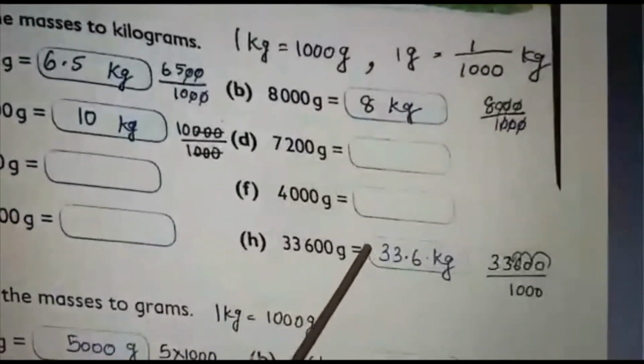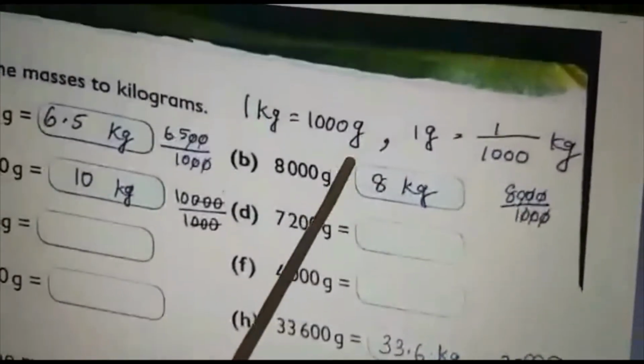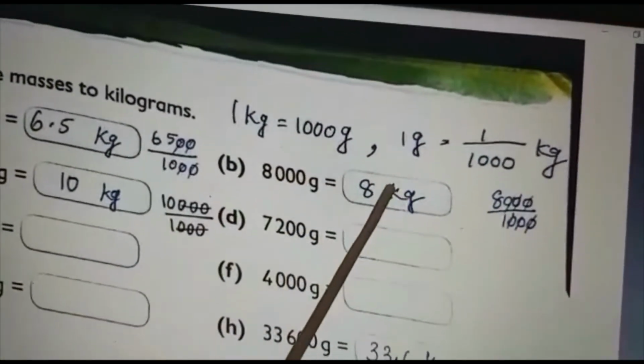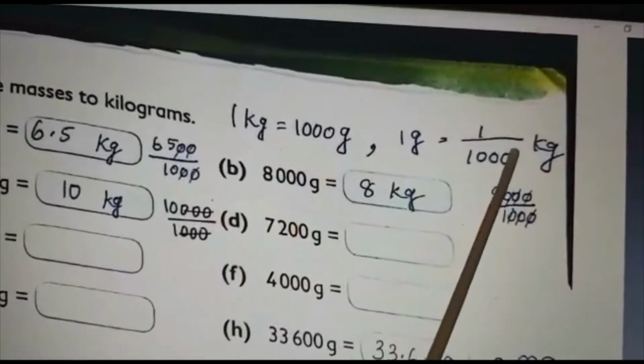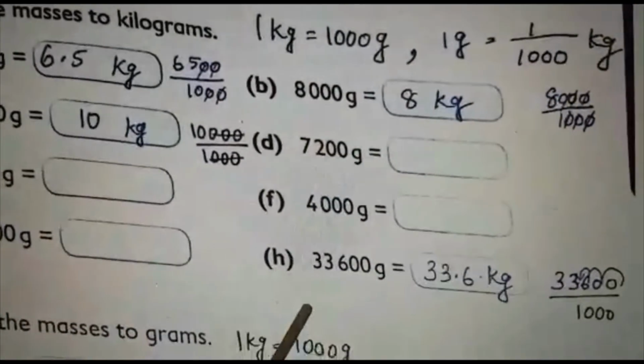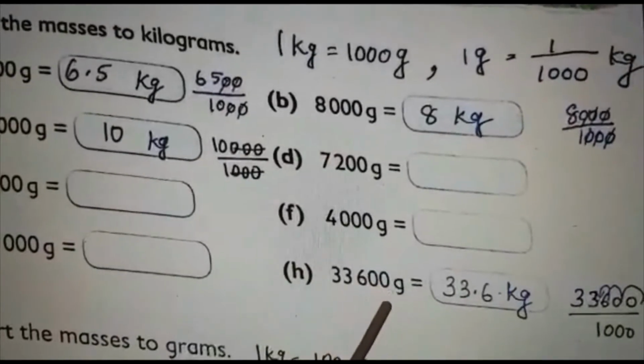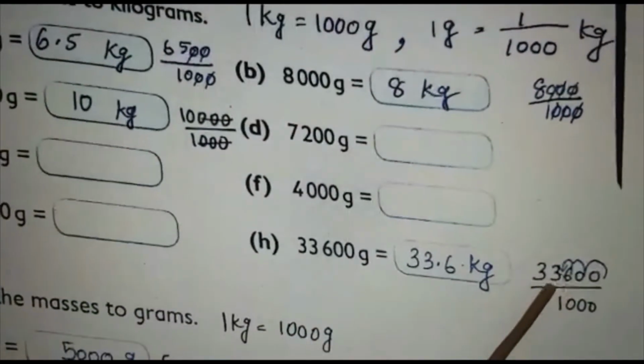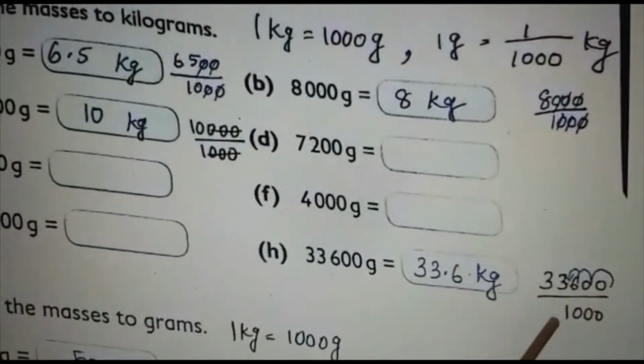See, another one I have done here. So 1 kg is 1000 gram, 1 gram is 1 by 1000 kg. We are using this one here. Again, 33,600 grams. So what is it? 33,600 divided by 1000.